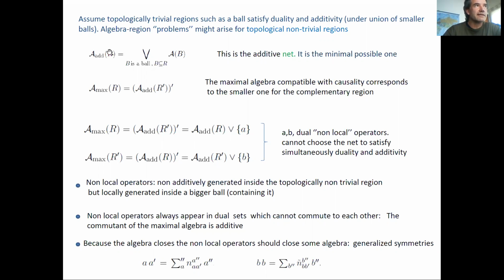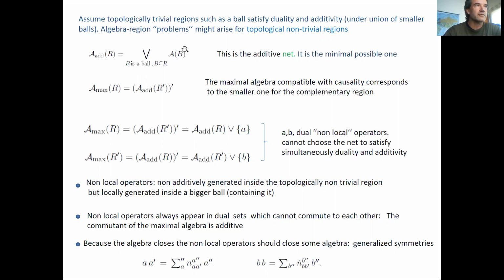In this situation, you can define different algebras, and let me show how it happens. First, you take some topologically non-trivial region R, and you can produce an algebra for R just by taking the generated algebra of all algebras of all balls contained in R. So this is automatically additive, and we will call it the additive algebra, the additive net.